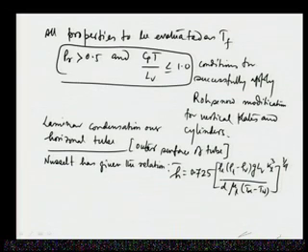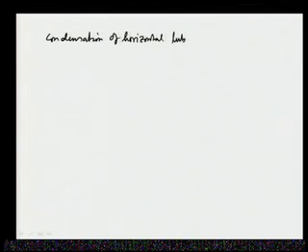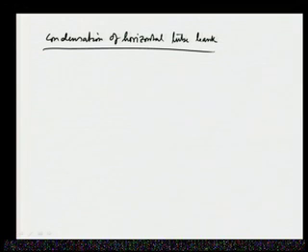Okay. Now, when we have condensation on a horizontal tube bank, the situation is something like this. We have a tube here, there is another tube here.